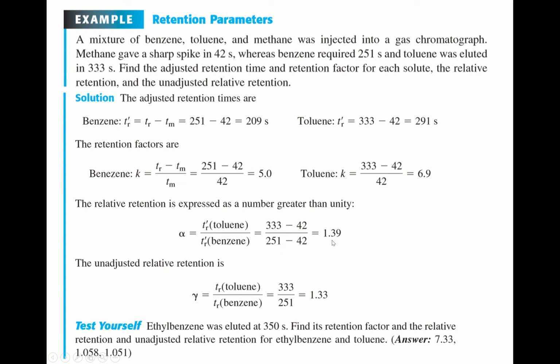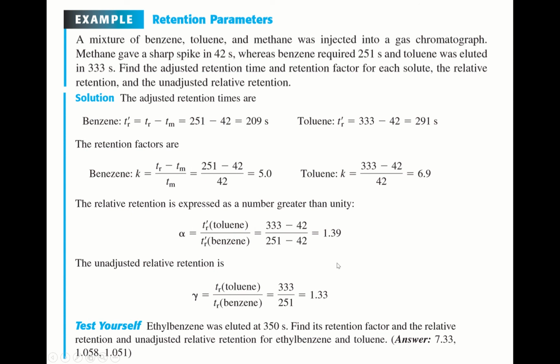Then you get 1.39. But if you use unadjusted retention, the relative retention, let's say it is gamma, for toluene is 333 and Tr for benzene is 251, and then you get 1.33. You notice alpha and gamma values are different, although the difference is small.